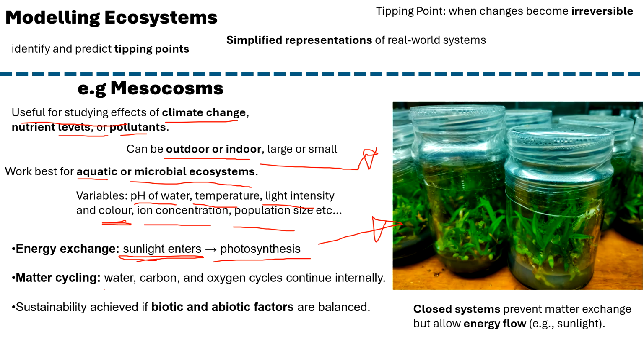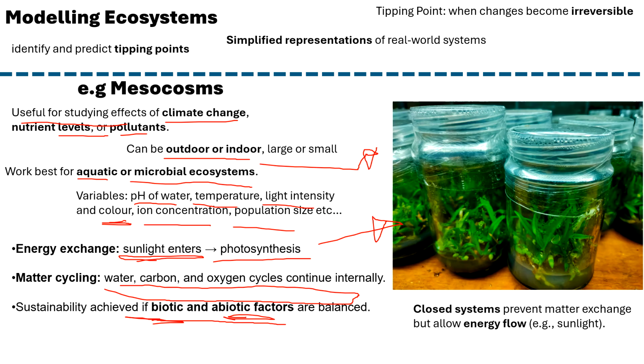So the water, the carbon, and the oxygen cycle continue internally. So water, carbon, oxygen, it doesn't leave the mesocosm, it doesn't leave the jar, but it keeps recycling inside. Now, sustainability is achieved if these biotic and abiotic factors, biotic being living and abiotic non-living, are balanced. You can continue internally.